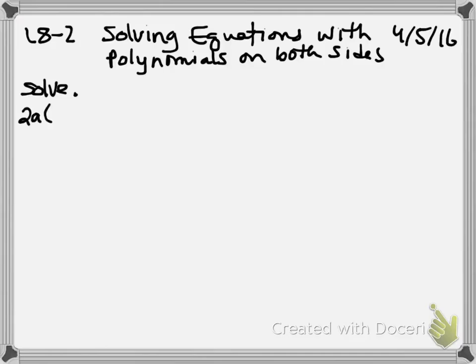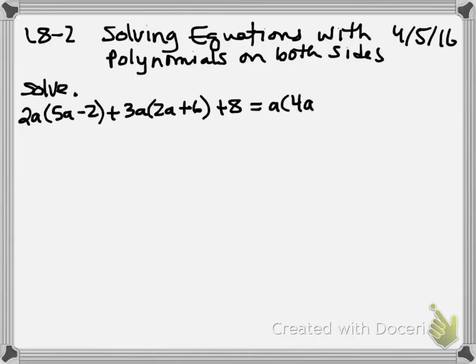It's going to be complicated, like the questions you were asking me about from homework last night. So 2a times the quantity 5a minus 2, plus 3a times the quantity 2a plus 6, plus 8 on the outside, equals a times the quantity 4a plus 1, and then plus 2a times the quantity 6a minus 4, and then outside plus 50.